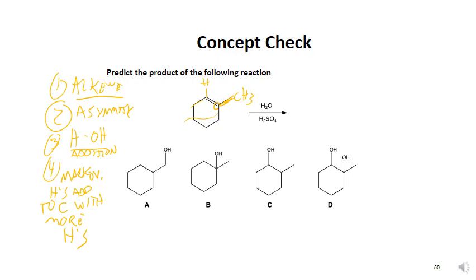Which of the carbons in the double bond has more H's? Well, this one doesn't have any, right? So the HOH, the H is going to add here, and the OH is going to add here. So which one ends up doing that?